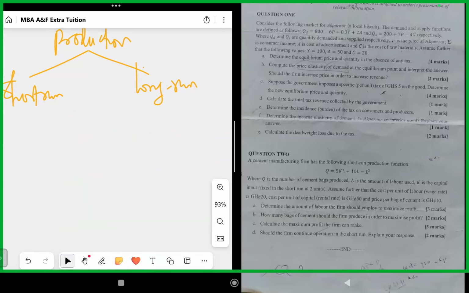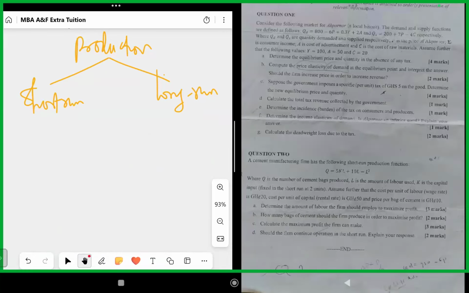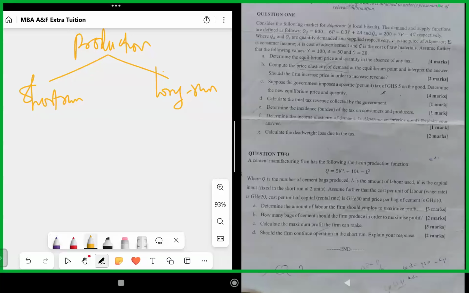So, in dealing with production, long run and short run, we say that at optimum, at maximum, at minimum.